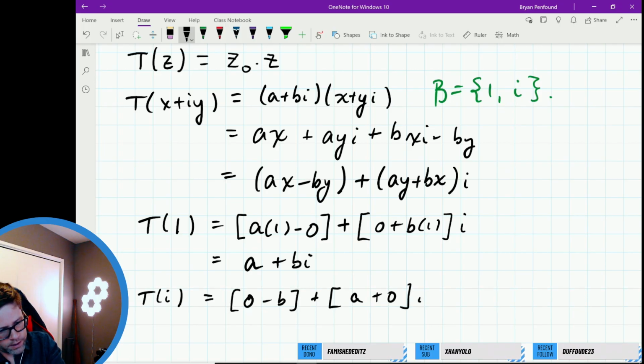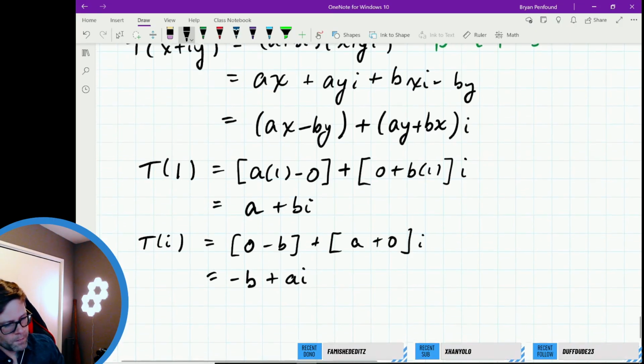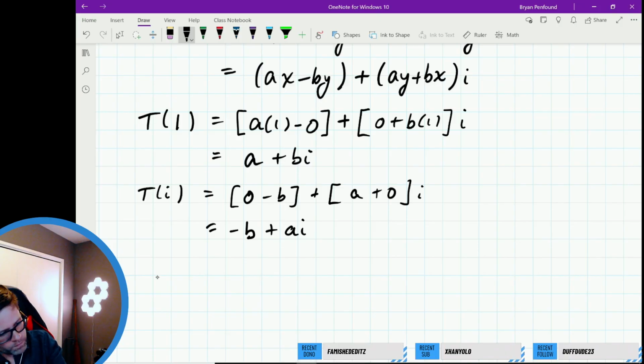We get something like this, and that's going to be negative b plus ai. So T with respect to basis beta would be (a, b) and then (negative b, a).